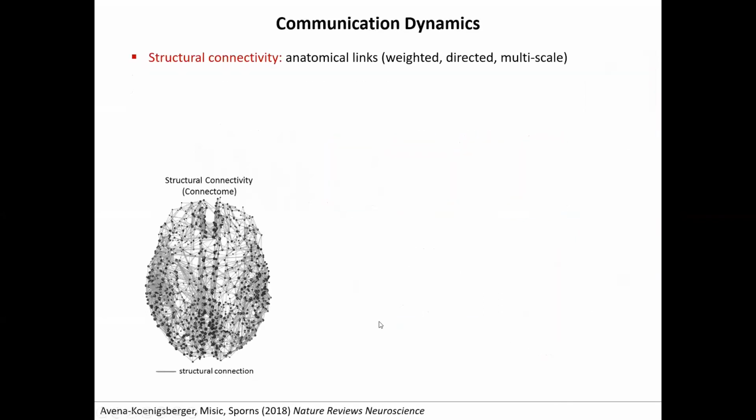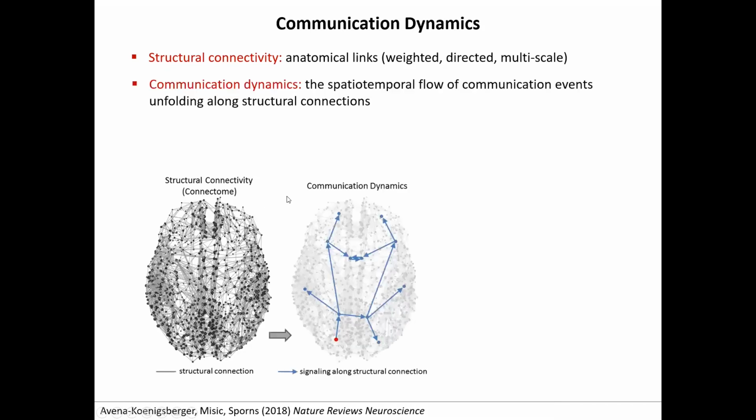So the framework here is one of communication dynamics. I look at the brain in the following way. Structural connectivity, the connectome, is the basis, the foundation upon which our field really rests, and networks, of course, loom large in this context. I've talked about this all day yesterday. On top of that, we have an ebb and flow of signaling events that occur along axons that will travel from certain sources to other points in the network through pathways.